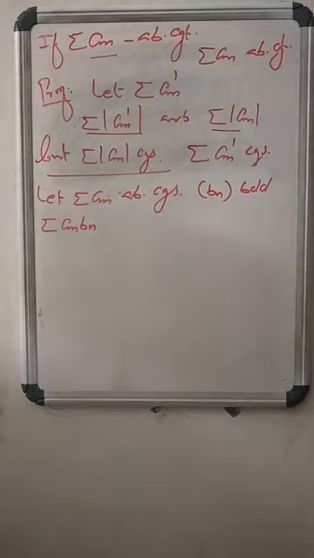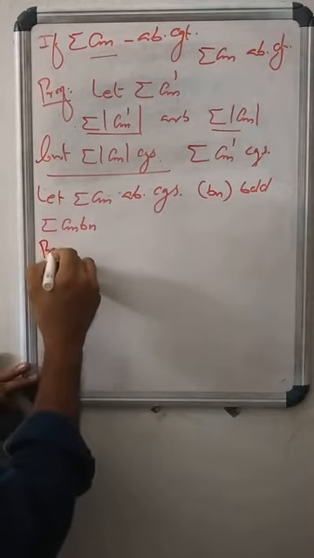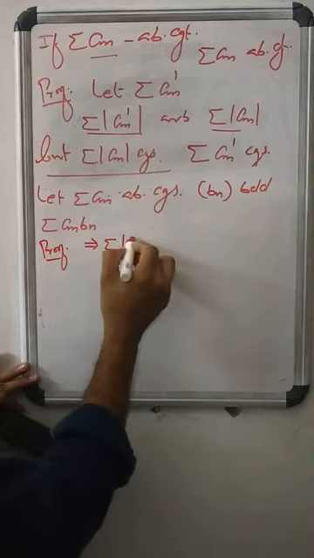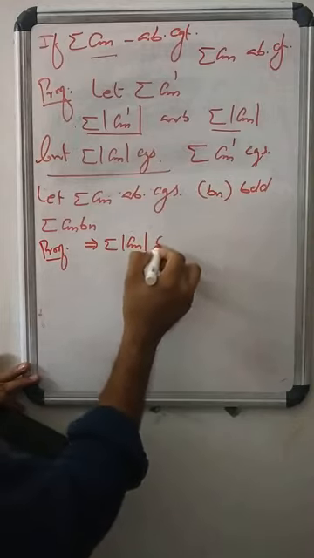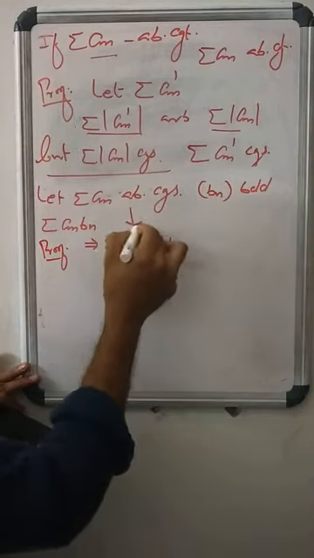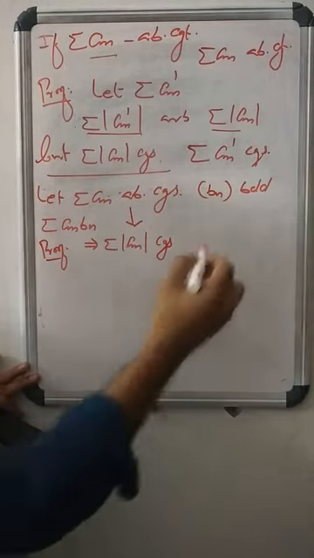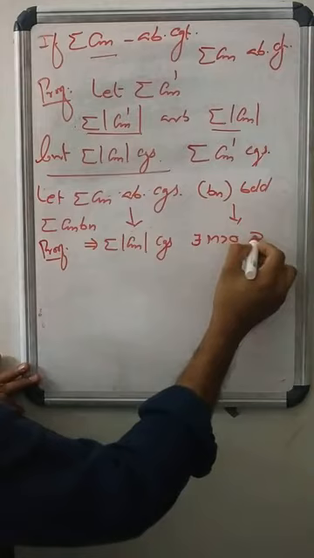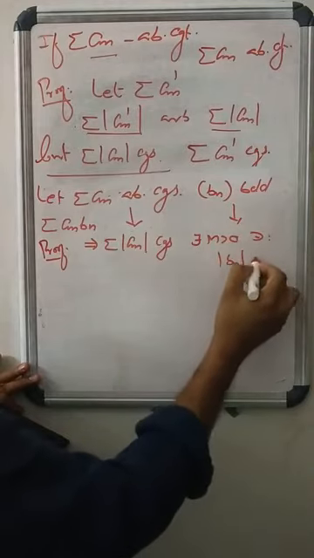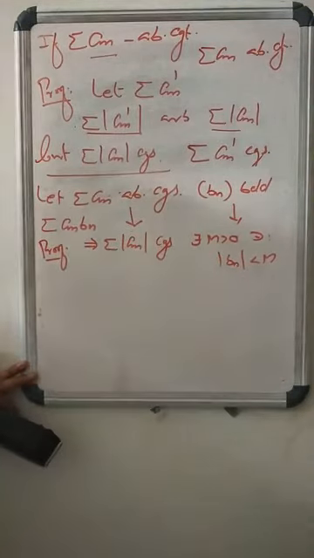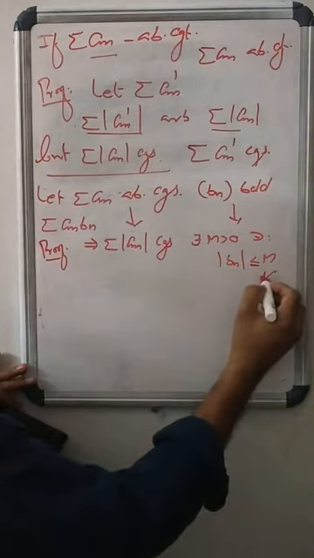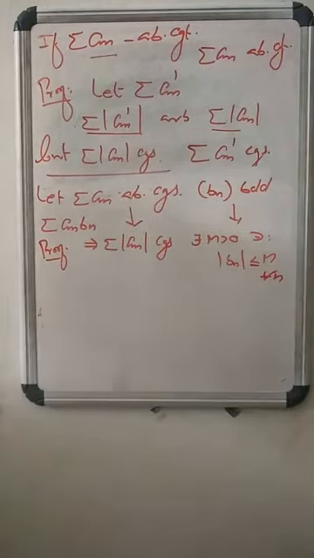So, see, sigma an absolutely converges means sigma mod an converges. Bn bounded means there exists m greater than 0 such that mod bn is less than or equal to m for all n.